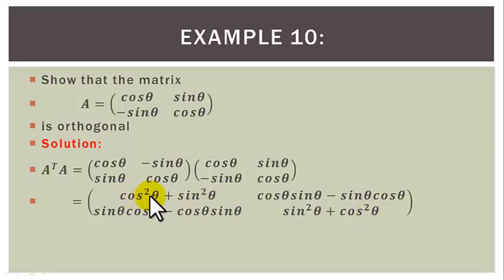We shall see shortly that cos squared theta plus sin squared theta is equal to 1. So this will then give us 1, 0, 0, 1. We have shown that A transpose A is equal to the identity matrix. Hence, the matrix A is an orthogonal matrix.